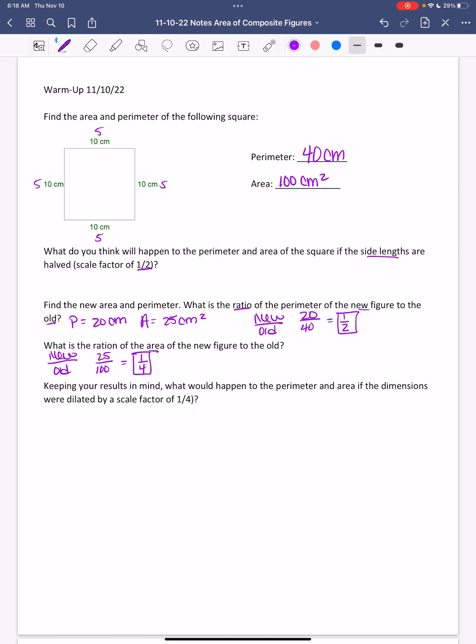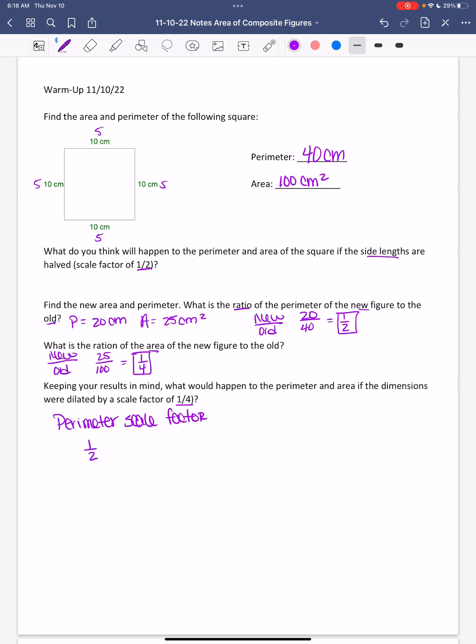Now it's saying keeping the results in mind, what would happen to the perimeter and area if the dimensions were scaled by 1/4? So you don't have to actually do the math as far as 10 times 1/4, things like that. What you're going to do is you're going to take the perimeter scale factor. And since you add your perimeters, you're going to do the same thing with the scale factors.